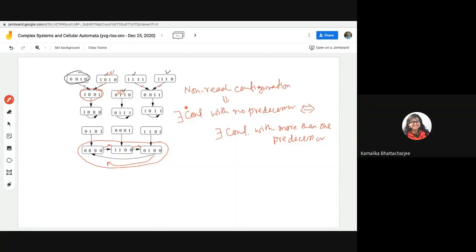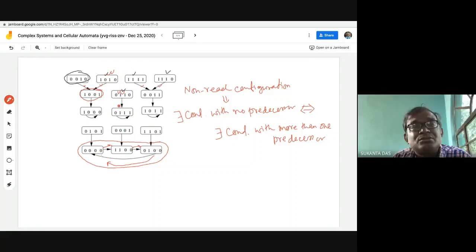Why this 0110? This is reachable. No, this is not reachable. Have I said this one? No, it's not reachable. I'm sorry if I said that one. So 1, 2, 3, 4, 5, 6, 7, 8. These 8 are non-reachable.